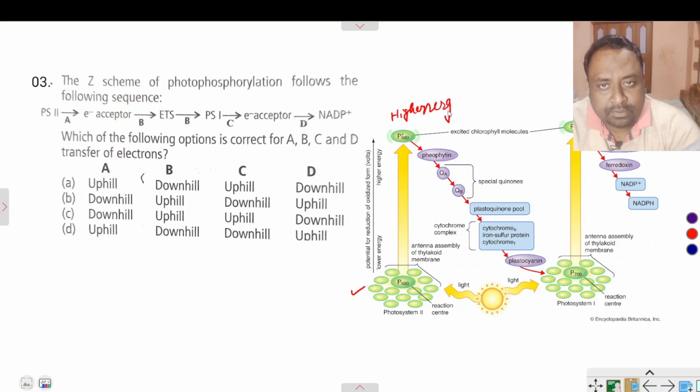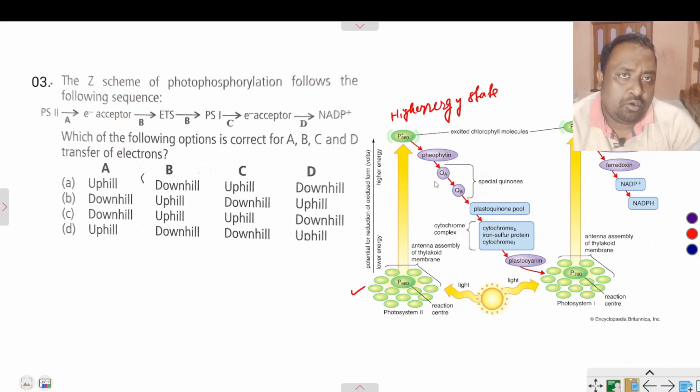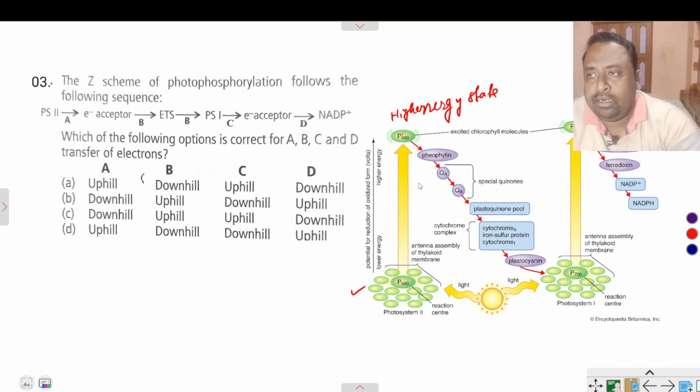Low to high energy state movement is called uphill, and high to low energy state movement is called downhill. So photosystem 2 to electron acceptor is an uphill step.